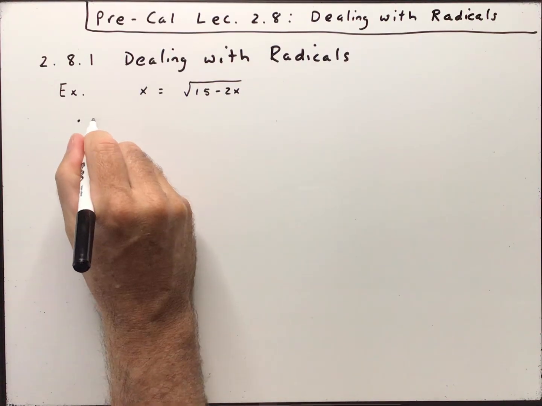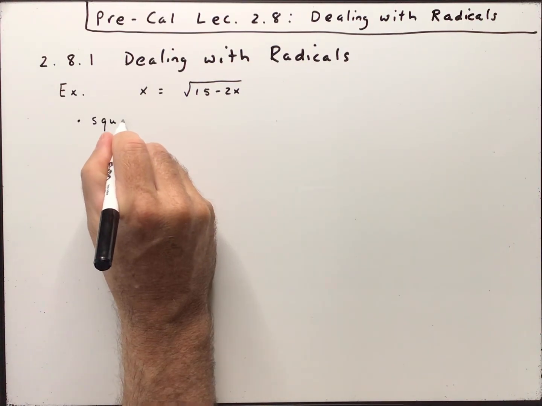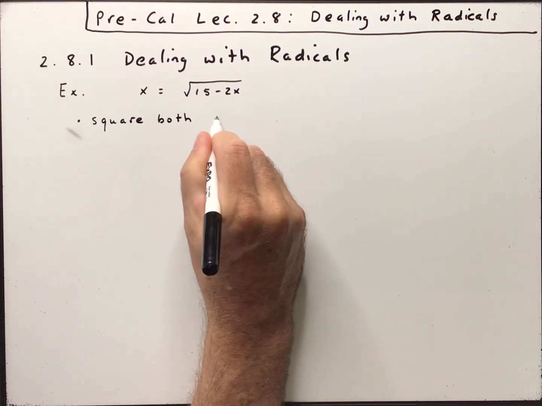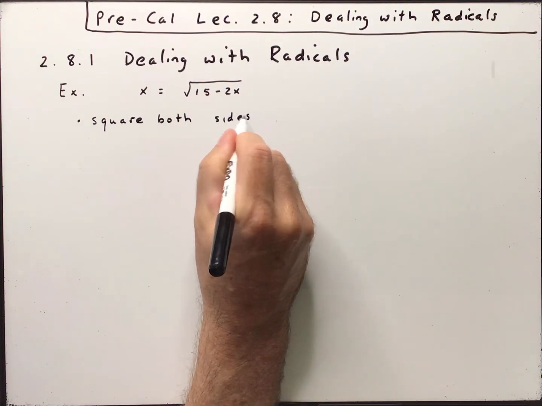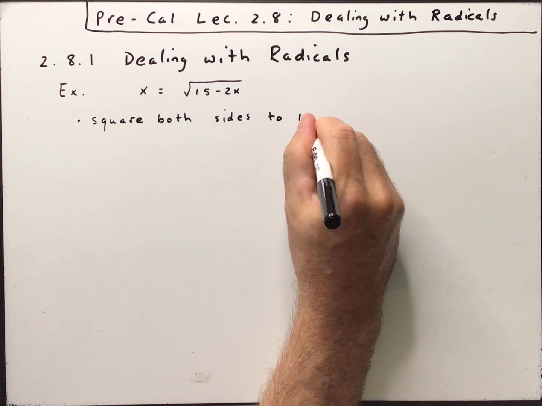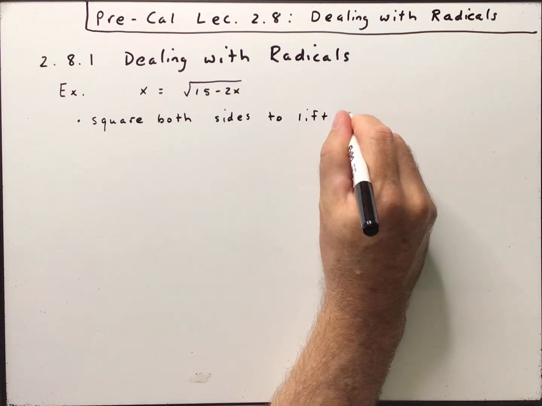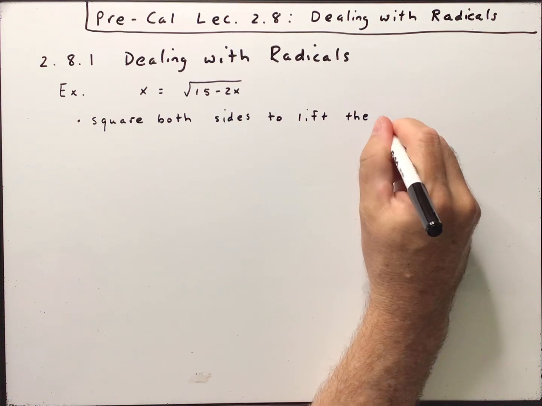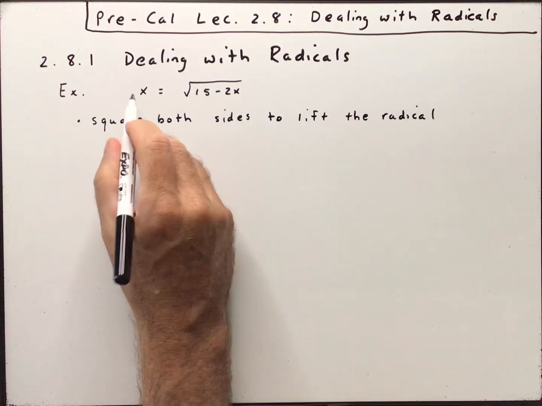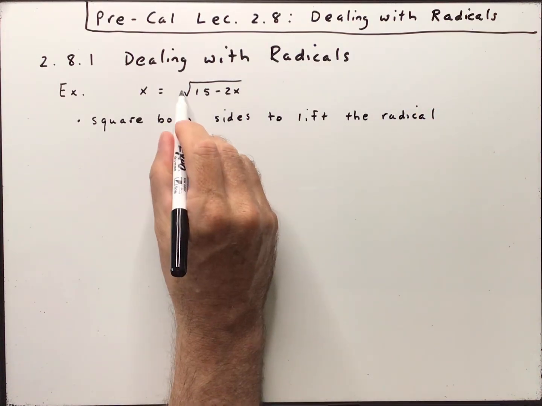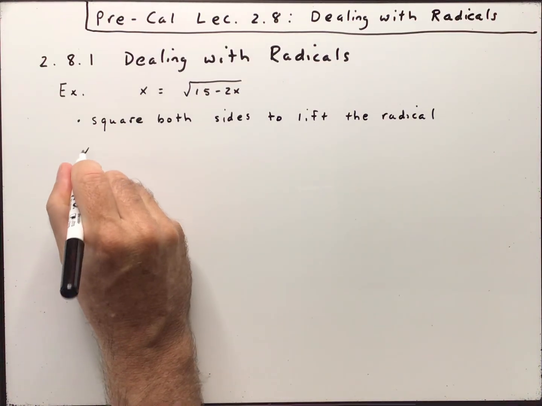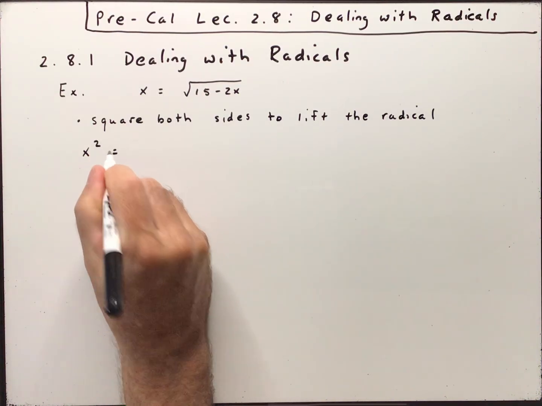So we could square both sides to lift the radical. All right, so if you square something that has the square root in it, right, the radical would go away.